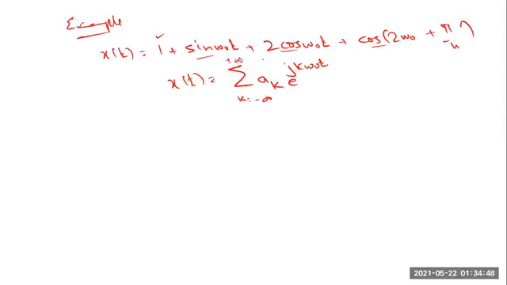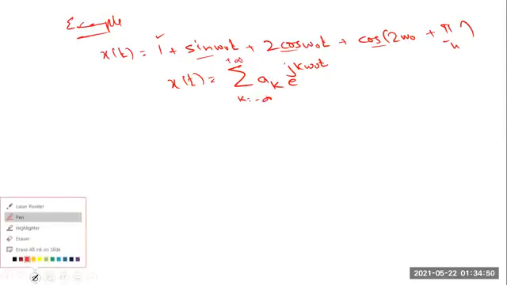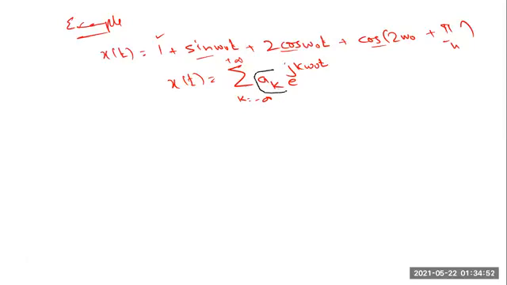So again, rather than finding coefficients with the help of the analysis equation, because we have sine and cosine, we can make use of Euler's relationship.